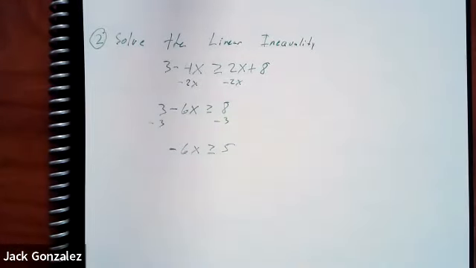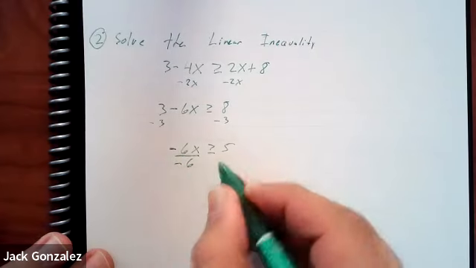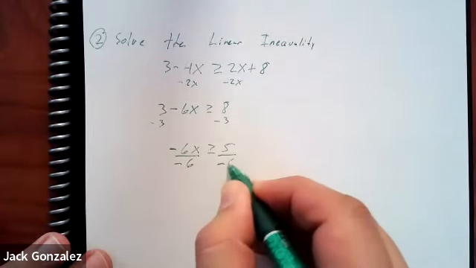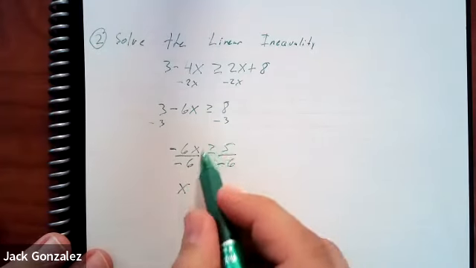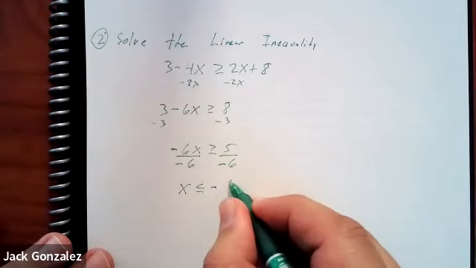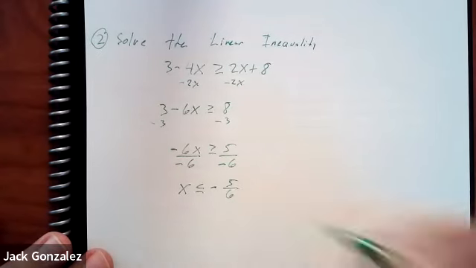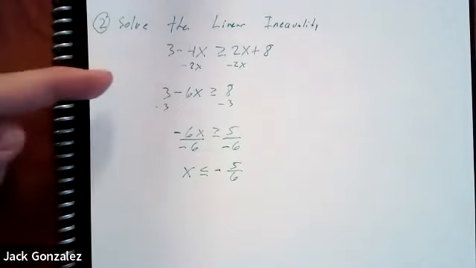What's the last thing you would do? I think divide. So this is where the new thing comes into play, right? We said when you divide by a negative, what happens? The sign flips. Yeah, the inequality will flip the other direction. Any questions along the way?